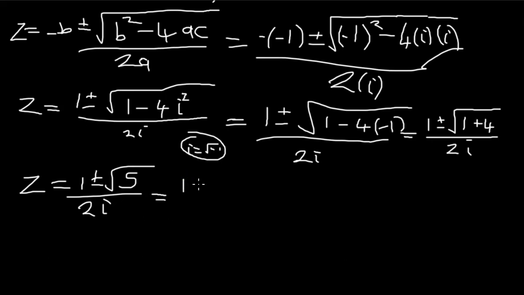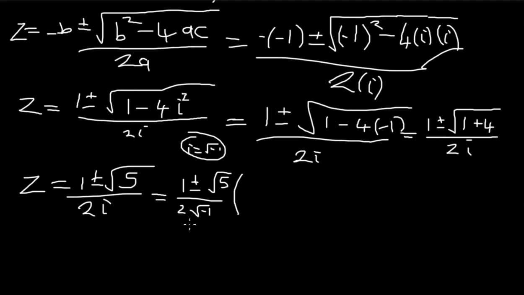So 1 plus or minus the root of 5, this is just the same as writing 2 root negative 1. Remember what we were doing last semester, rationalizing.